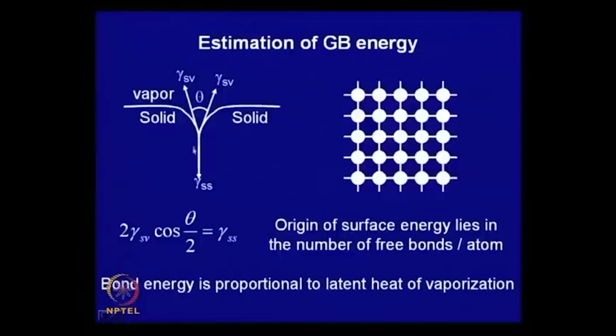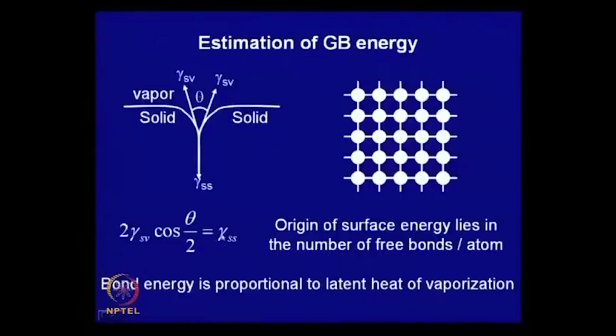So what you can see here, equating the force, you can resolve it here. The vertical component will be gamma S V cos theta by 2, and there will be 2 of these. So this is the upward force, twice gamma S V cos theta by 2, and this will be equal to the surface energy along this direction.